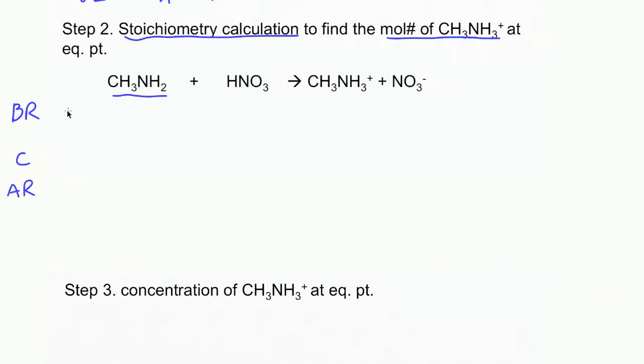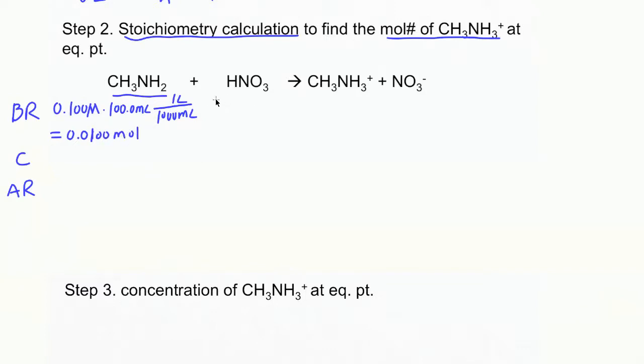Before reaction, the mole number of methylamine is this: concentration of this methylamine, 0.100 mol per liter, times 100 ml. Of course, you have to convert the ml to liter, 1 liter. And my calculation gives me 0.0100 mol.